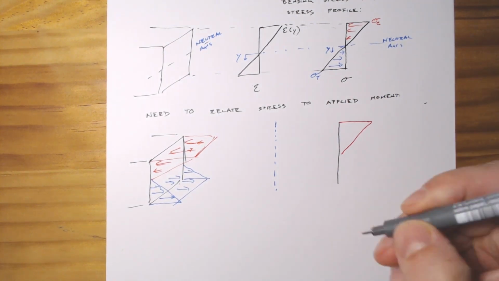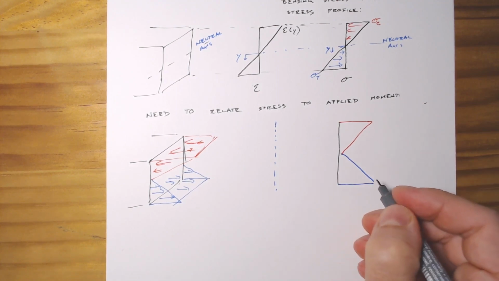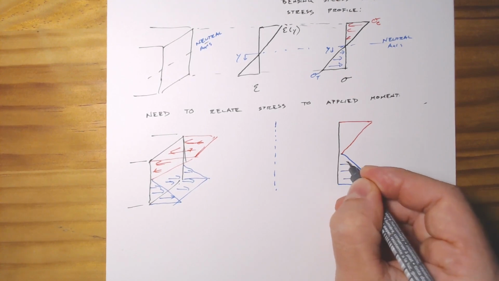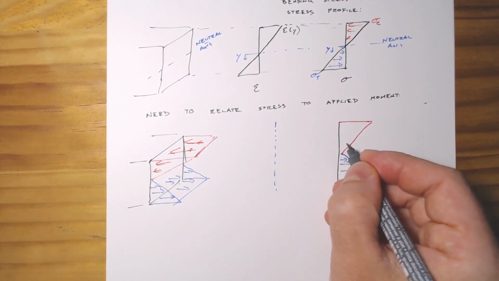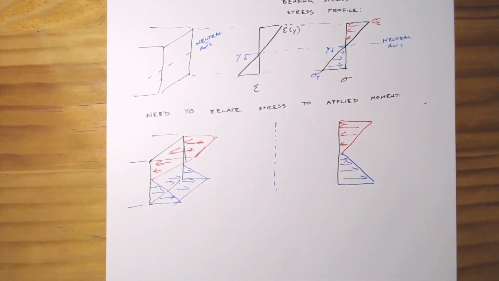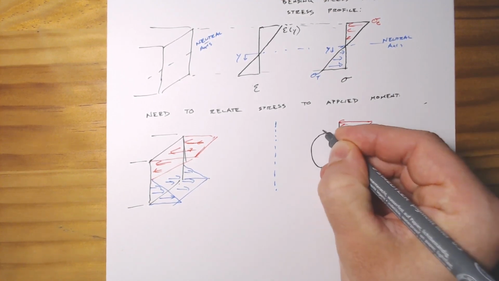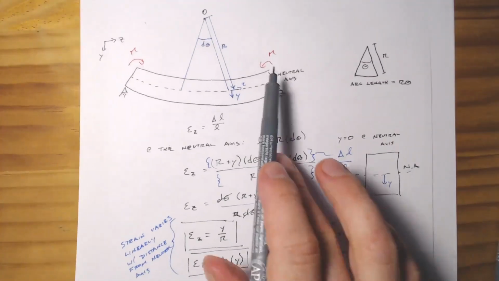And the reason that we'll do that is that we have to remember one of the key rules of doing structural engineering, and that is that our external forces have to be balanced by internal forces, so internal stresses. And so the external force that we have here is an applied moment, right? So that's what we started all of this with, some applied moment.